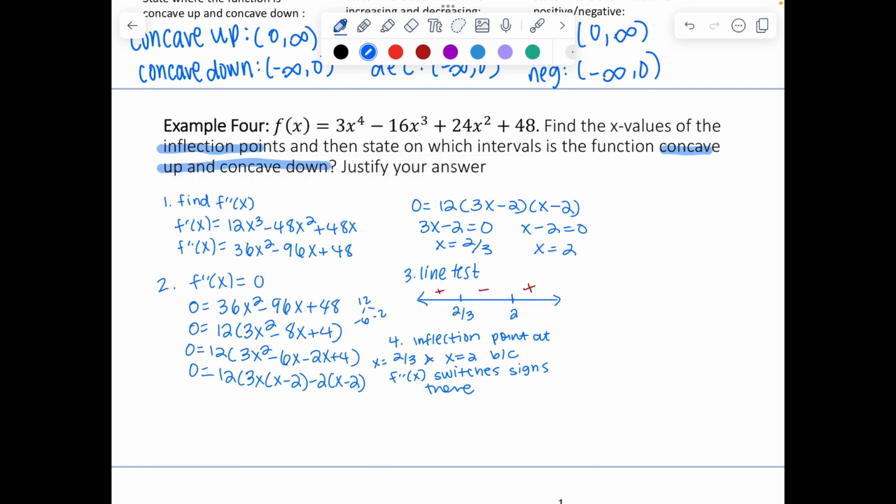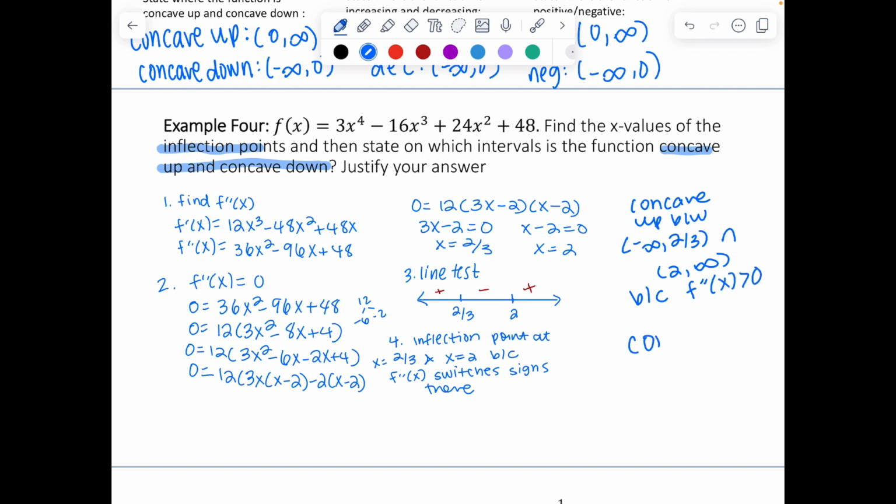And then you also have to answer the part about concave up and down. So you would say concave up between negative infinity to 2/3 and 2 to infinity, because the double derivative is greater than 0.